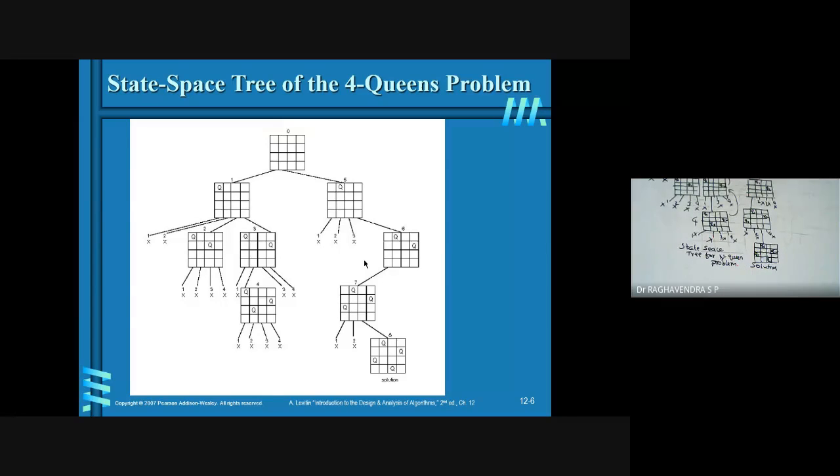I have named the nodes: this is the 6th node, this is the 7th, and this is the 8th node. In the 8th node, we are going to get a solution. I hope this has been understood by all of you.